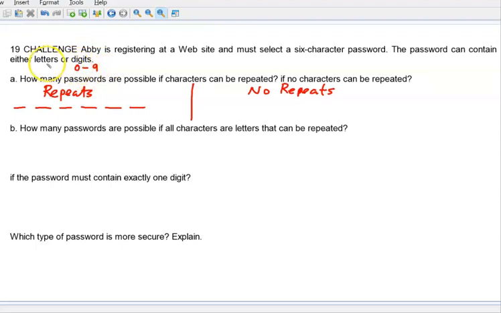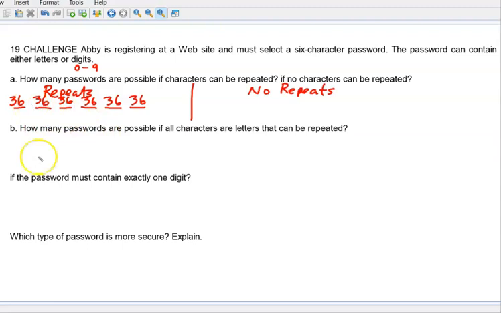If they can be repeated, that means I've got 36 options for this first character, and since they can be repeated, 36 options for every one of these. This is an example of the fundamental counting principle. It would be 36 to the 6th power.